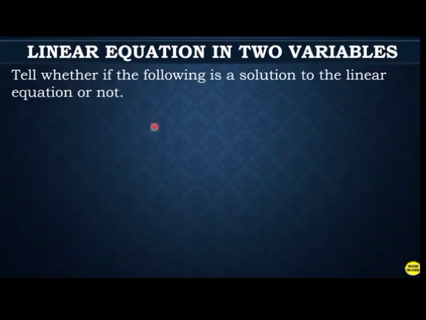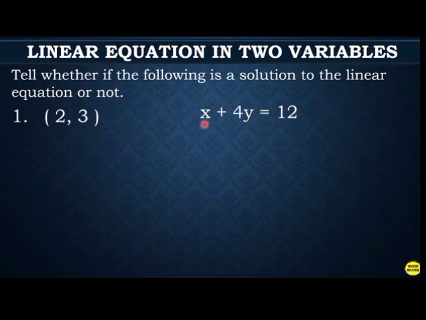Okay, so let's have a test yourself. Tell whether the following is a solution to the linear equation or not. I'm going to show the solution for 1 and 2. Then it's your turn. So 2 and 3. The equation is x plus 4y equals 12.